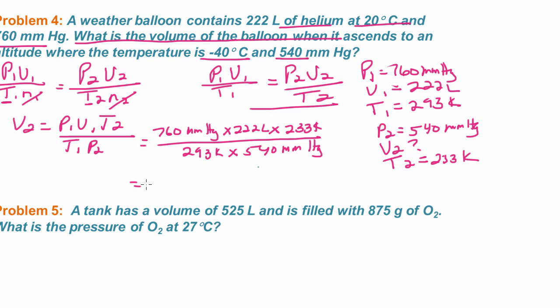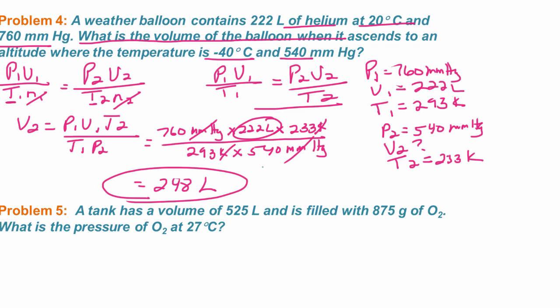Let me put that in my calculator: 760 times 222 times 233 divided by 293 times 540. And that gives me 248 liters. Notice millimeters of mercury cancel, my temperature cancels, I'm left with liters. So 248 liters.